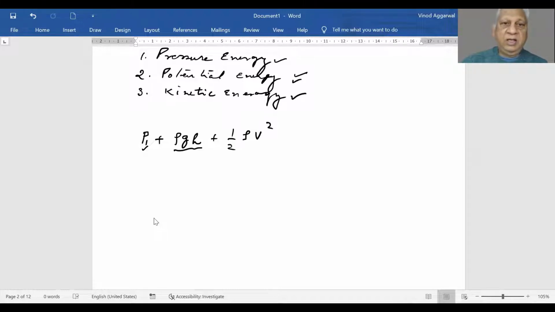Now it is not written like half mv square because we are taking per unit volume. So when you convert it to per unit volume, the equation becomes like this: P1 plus ρ1 g h1 plus half ρ1 v1 squared. This is equal to all these parameters at any other point.